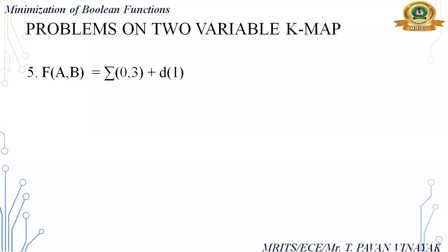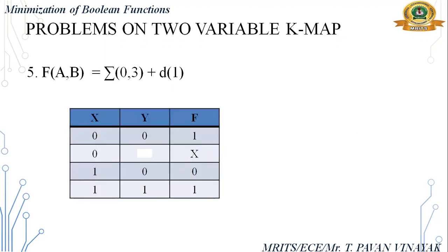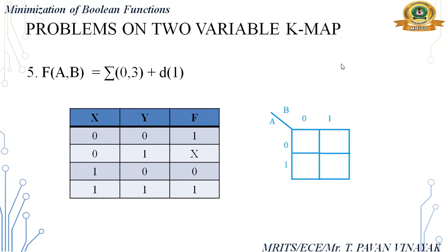Next, I given don't care now. Sigma 0 comma 3 plus with don't care. Okay, so don't care is indicated with X. Now draw the truth table. So I am taking AB, so replace this one with AB.